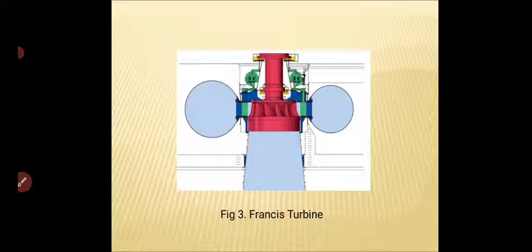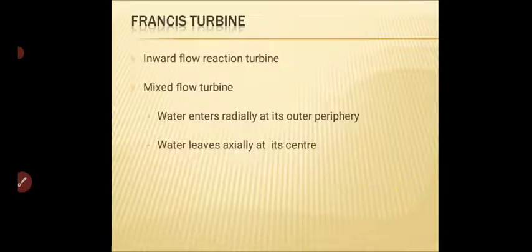This is the Francis turbine, a cross-sectional view in figure 3. Observe this figure 3; you will get a clear idea about the Francis turbine. Francis turbine salient features: it is an inward flow reaction turbine. This is a mixed flow turbine.